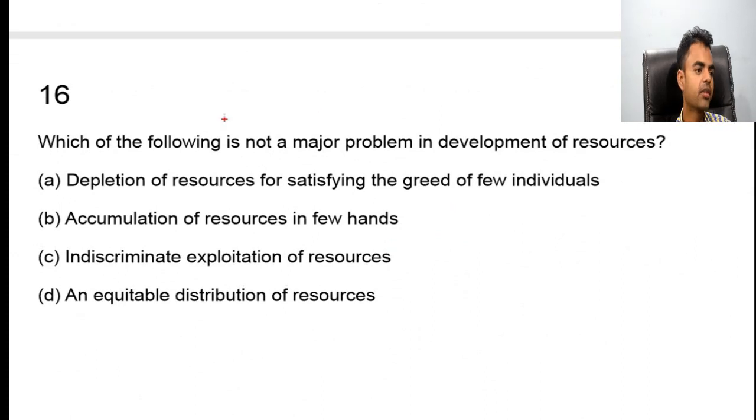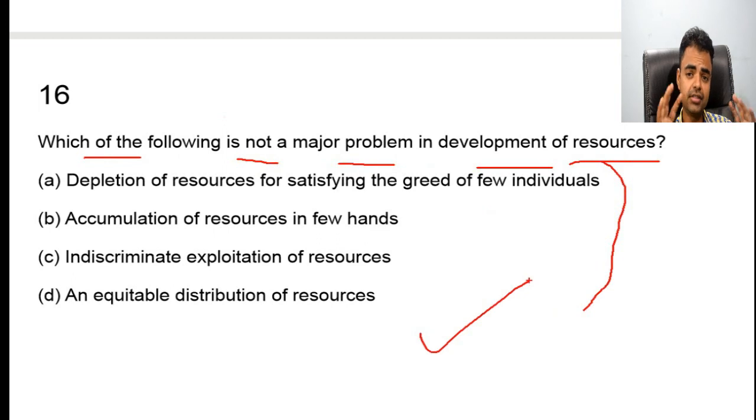The question is saying, which of the following is not a major problem in development of resources? If you want to develop resources, then which of the following is not the major problem? There are many options. Whenever we get this type of question, we need to use common sense. So here you go. Depletion of resources for satisfying the greed of few individuals will create major problems.